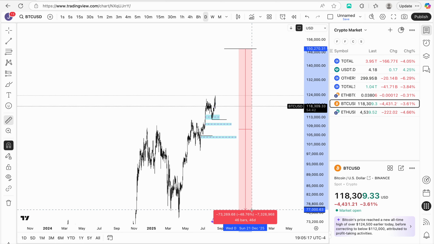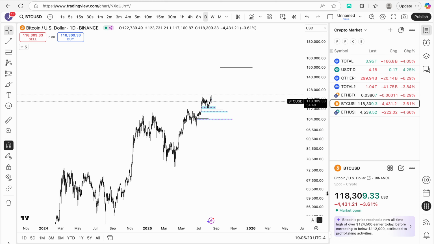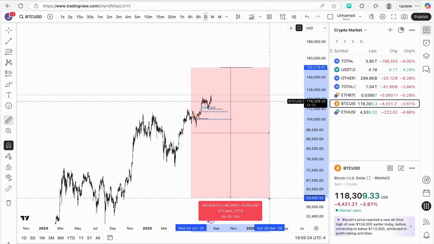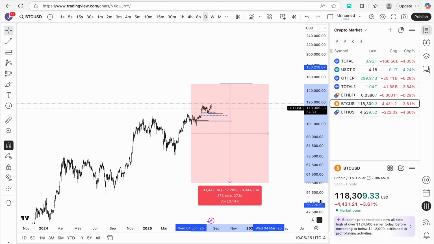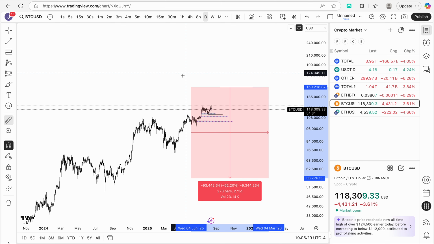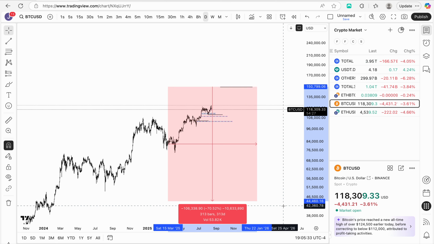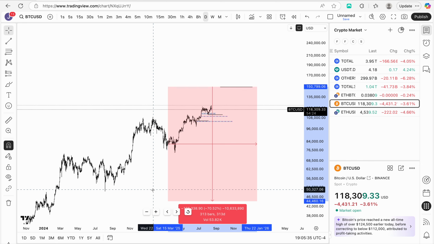Gotta zoom out a little bit more here. Let's say it gets to 150. A 70% drop would take it down to 44,000.